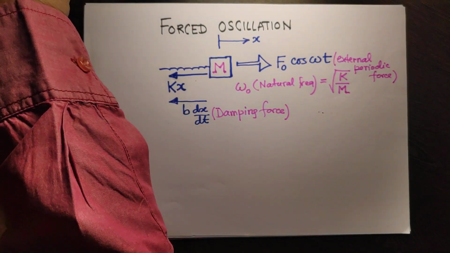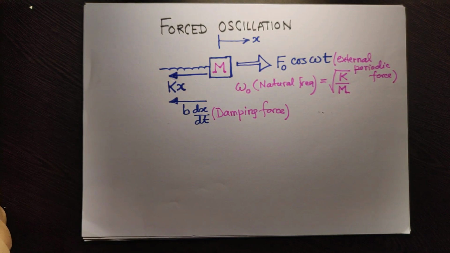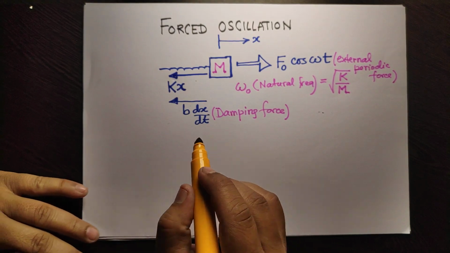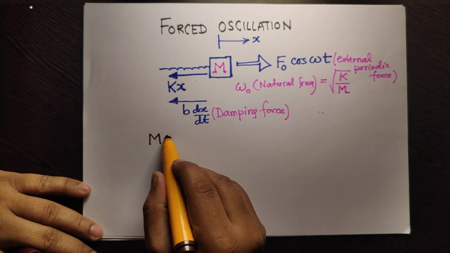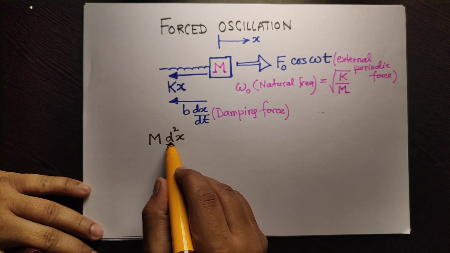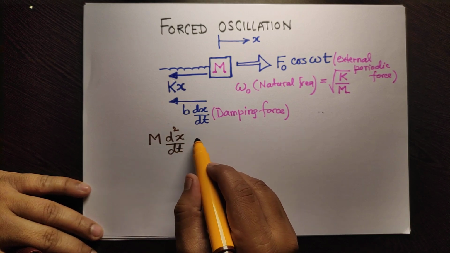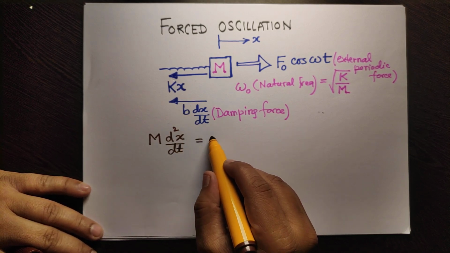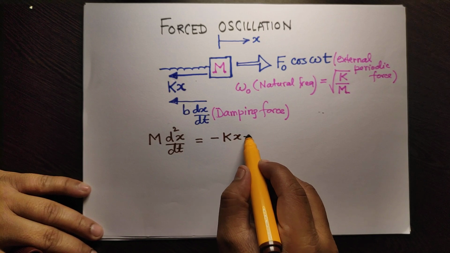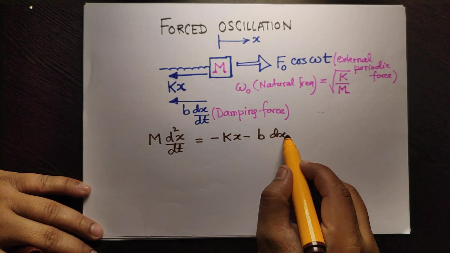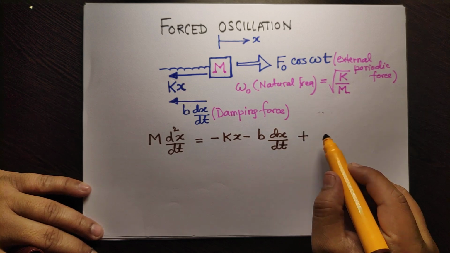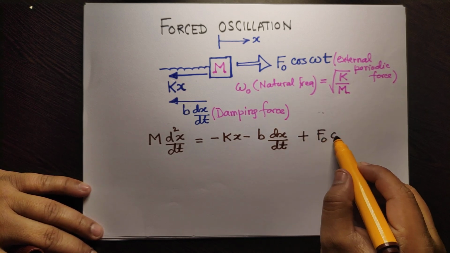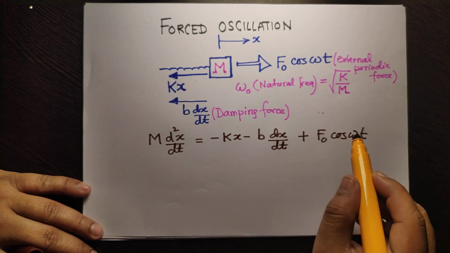So, what will be the differential equation to this? m into acceleration equal to minus kx minus b dx dt, now plus F naught cos omega t.